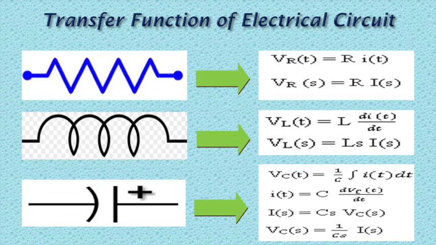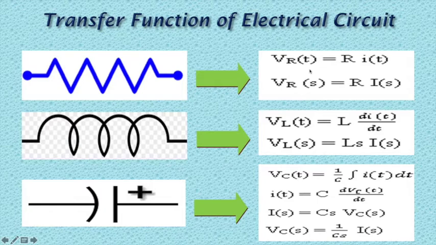Transfer function of electrical circuit. Resistor, inductor, and capacitor are the fundamental passive elements in the electrical system. Here VR(t) means the voltage drop across the resistor.